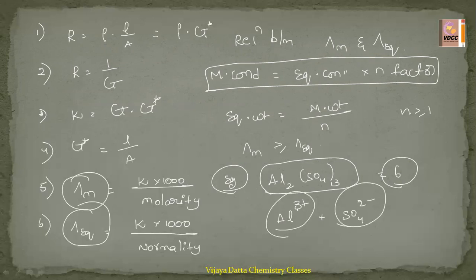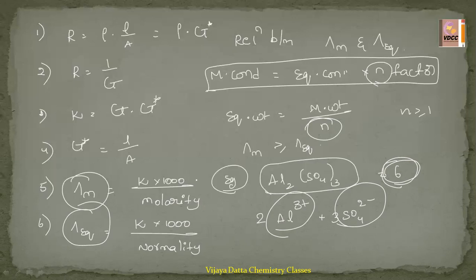See here, the cationic charge is plus 3, the anionic charge is minus 2. So here we'll take 2 Al3+ ions, and here we'll take 3 SO4 2- ions. So the total number of cations or total number of anions is 3 twos are 6 cations and 6 anions, like we can take. So here n value is 6, the charge of the cation or charge of the anion. n is nothing but the valency. Here we are considering the valency. So molar conductance of Al2(SO4)3 is equal to 6 into equivalent conductance.